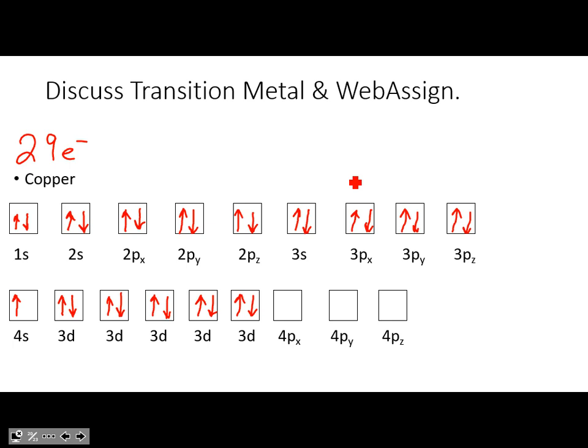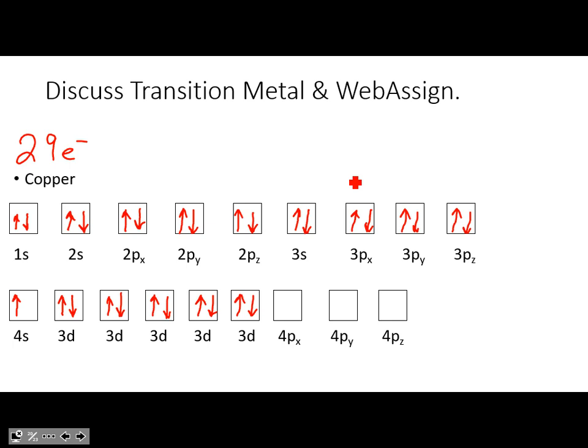Now, you might say, well, how am I supposed to know that? Well, look at your periodic table. Turn to the side that has the name in red and find copper. Right above the name in red on copper is an electron configuration, correct?